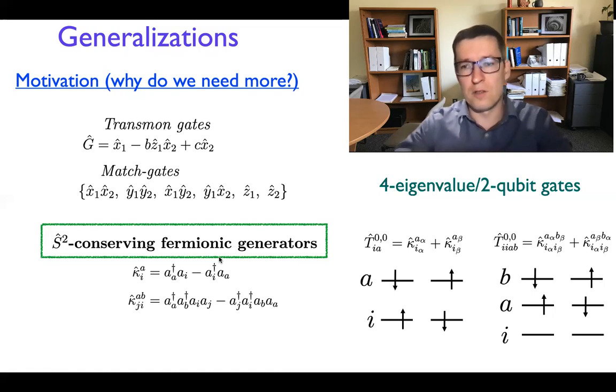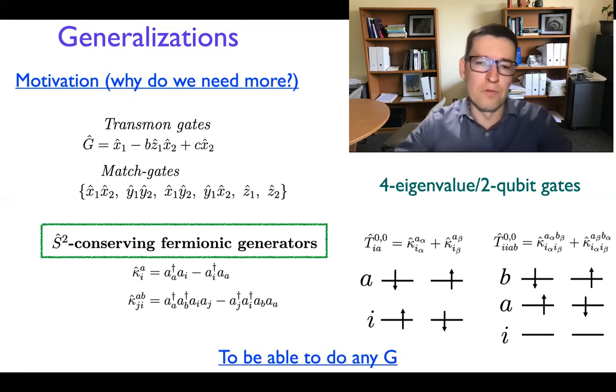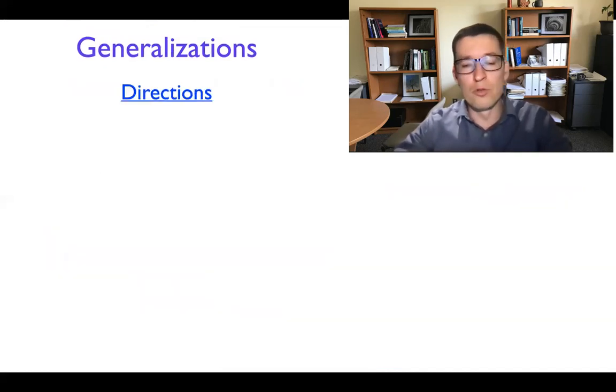And of course, dealing with more complicated generators requires more powerful techniques, right? So the bottom line is we would like to obtain the gradient for the amplitude of any generator. How do we do this? There are 2 directions we described in our work.